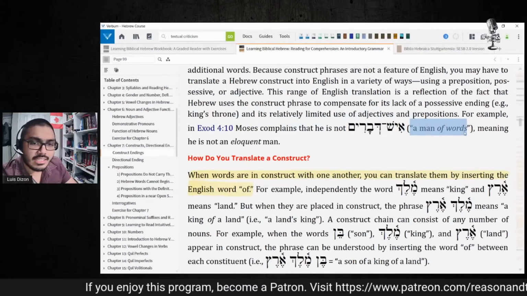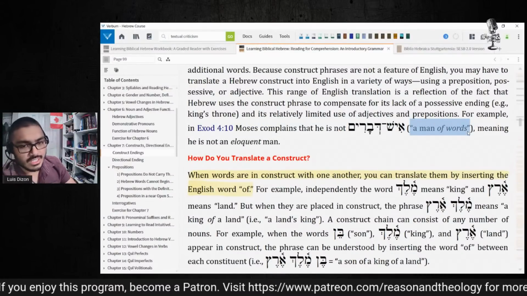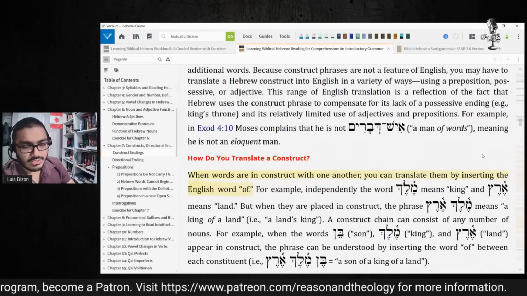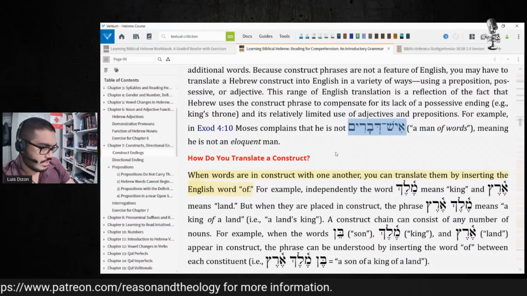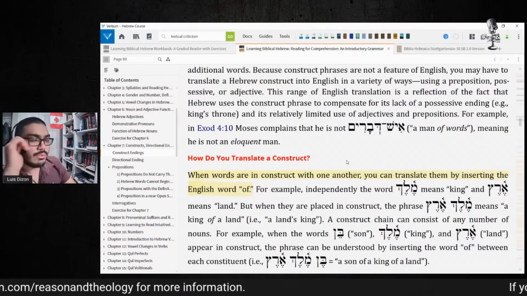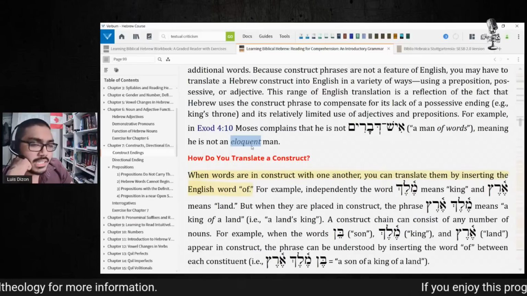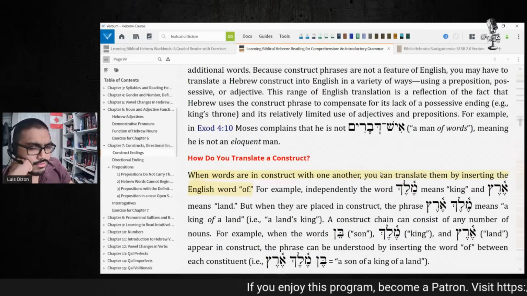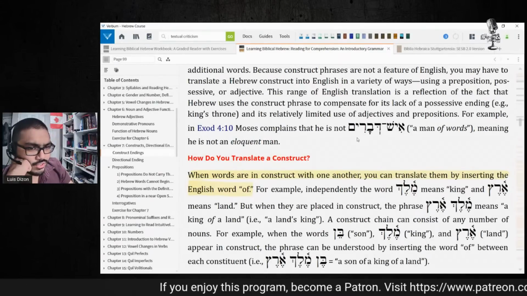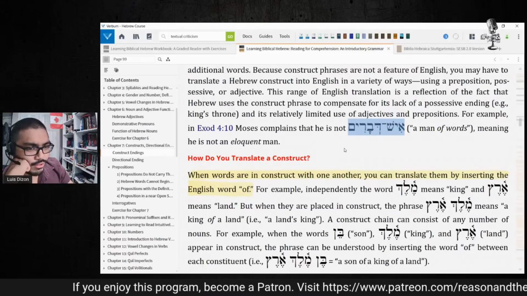That literally translates to a man of words. However, we don't talk like that in English. So if you see the phrase man of words in Hebrew, we would translate that idiomatically as an eloquent man. Alternately, if you want to confuse your readers, you can just translate it literally and say a man of words.